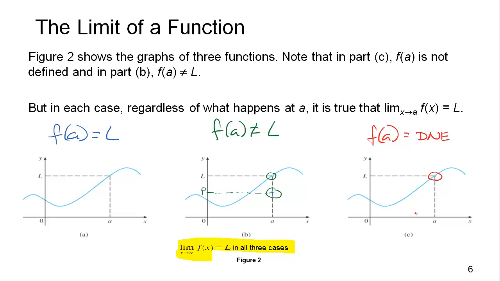In all three of these pictures, as x approaches a from both directions, the function values are getting closer and closer to L. So the limit of the function equals L.